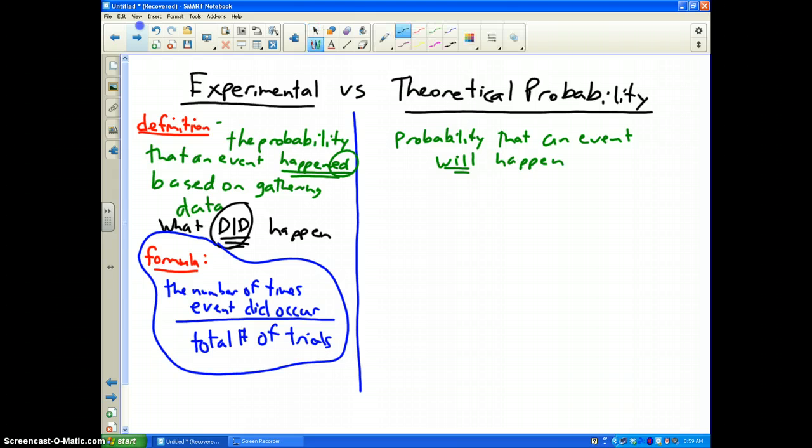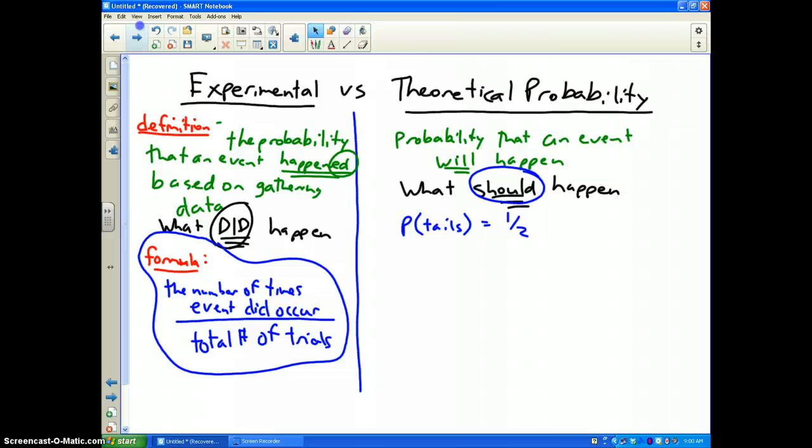You're going to hear me use the phrase theoretical probability is what should happen. Theoretical probability is what you already know. Like what's the probability of getting tails on a coin? That's a half. That's what should happen. Half the time you should get tails, half the time you should get heads. That theoretical probability is the probability that you already know.